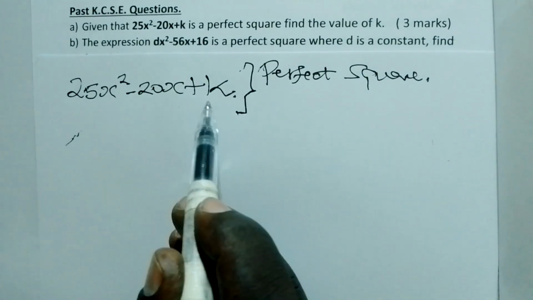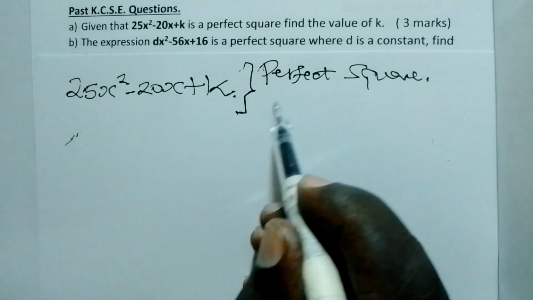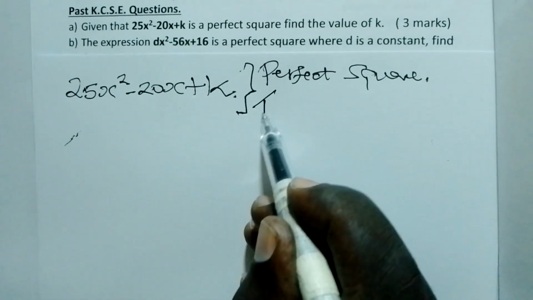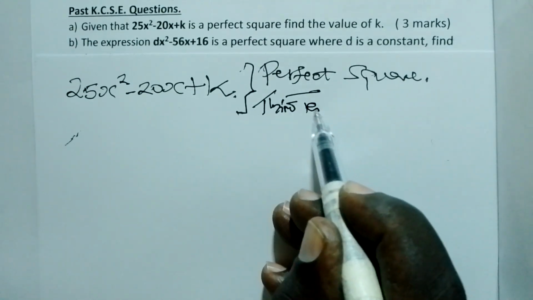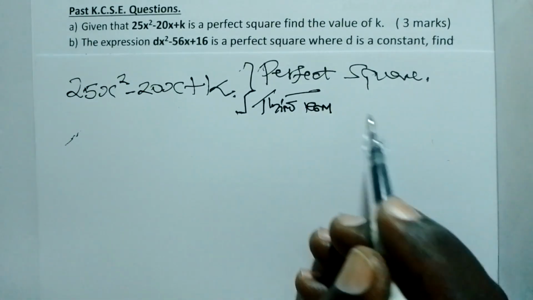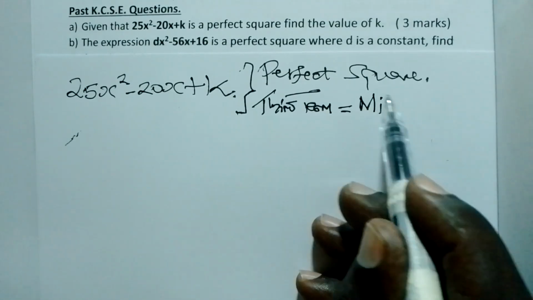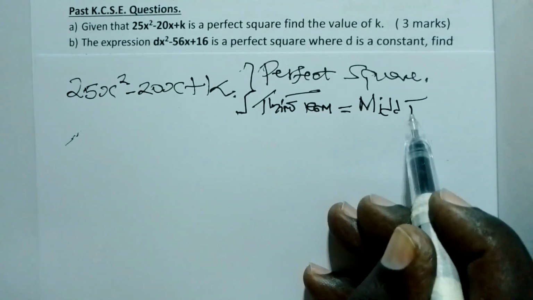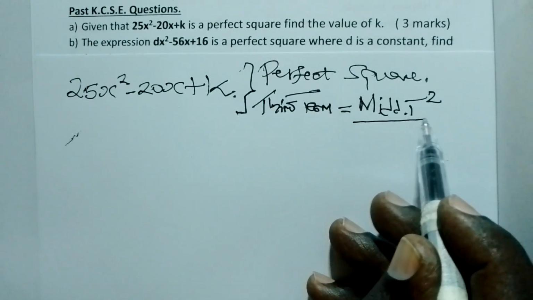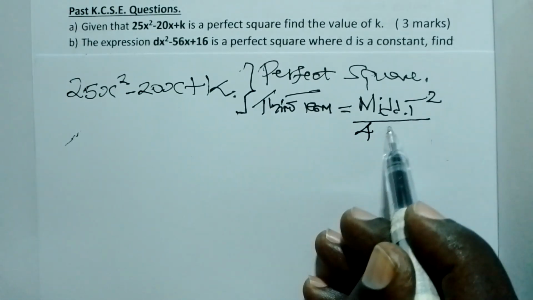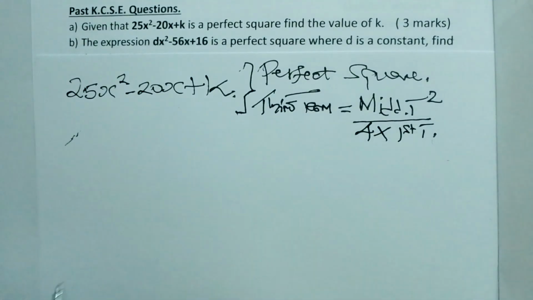The easiest way to make this a perfect square, we need to recall that the third term in a perfect square is given by the middle term squared over 4 multiplied by the first term.